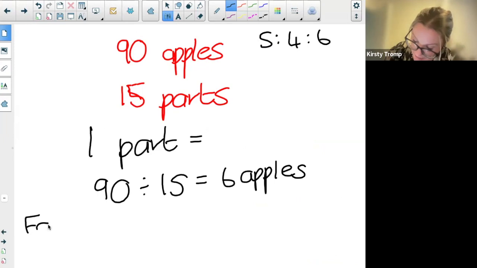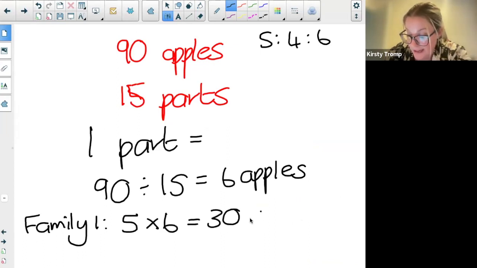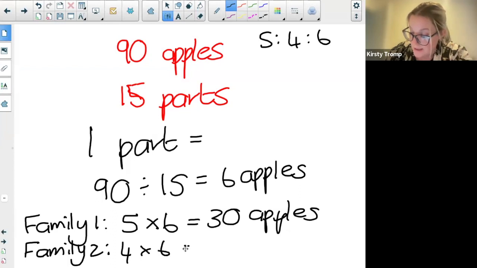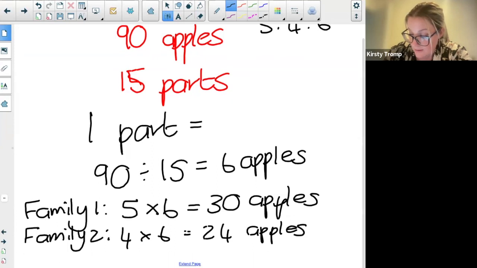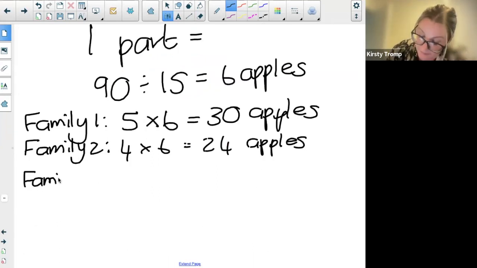So let's say family 1, they had 5 of the parts. So 5 times 6 gives me 30 apples. Okay. Family number 2 had 4 parts. So 4 times 6 gave me 24 apples. And finally, family number 3.